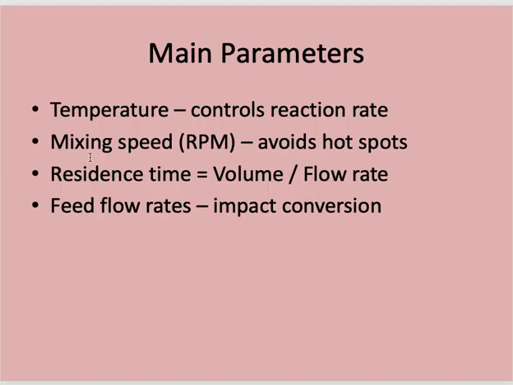The residence time is very, very important. You control the residence time maybe by weight feeder or by controlling the outlet flow from the reactor. The feed flow rate also impacts the conversion, and you can increase or decrease the feed flow to the reactor to impact the conversion.